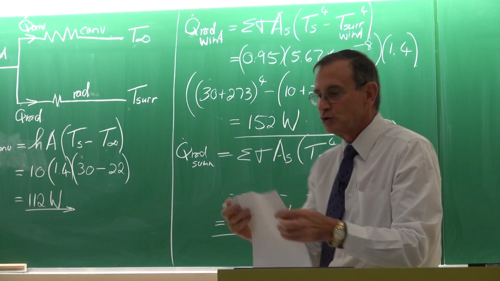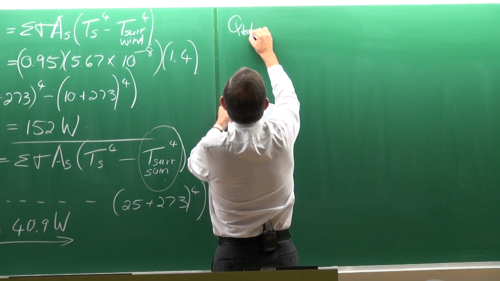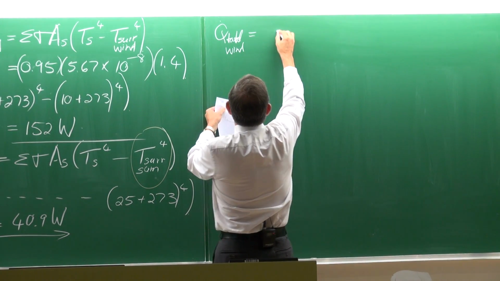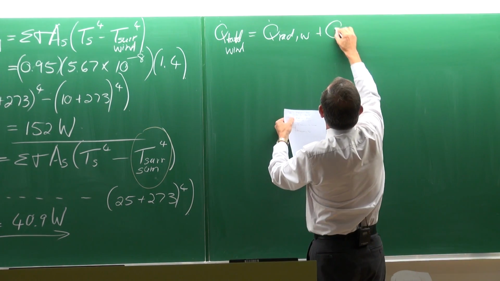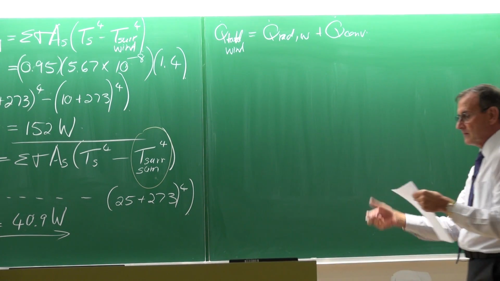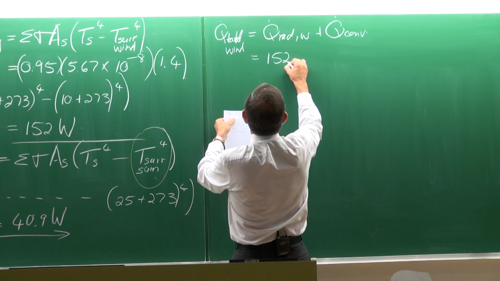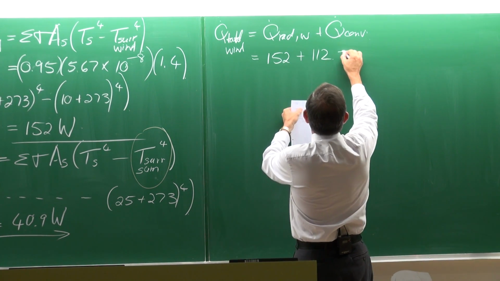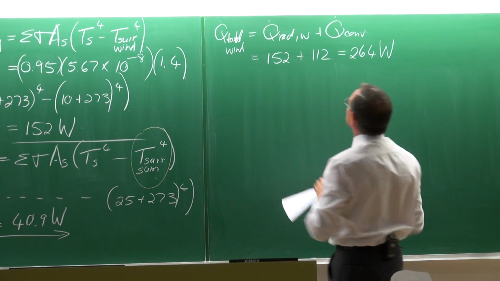Let's look at the total for the winter. It is then the radiation heat transfer in winter plus the convection heat transfer. Okay. The radiation heat transfer is equal to 152, and the convection heat transfer is 112, and that is equal to 264 watts.